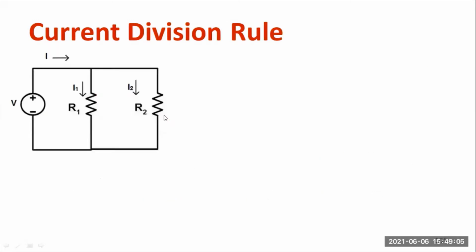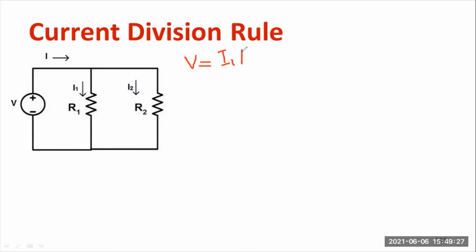Now let's study how to apply the current division formula in a parallel circuit. So let me use the tool. I'm going to derive a small expression for the current division formula. Look at the parallel circuit. You know the total voltage. Let me write voltage V is equal to I1 into R1.